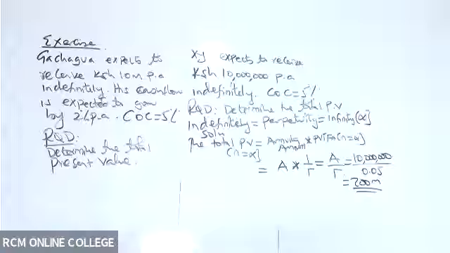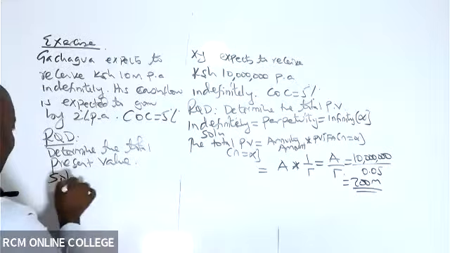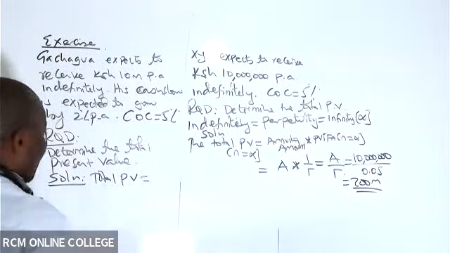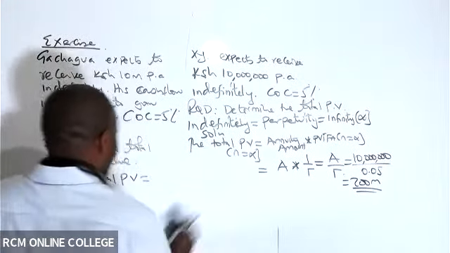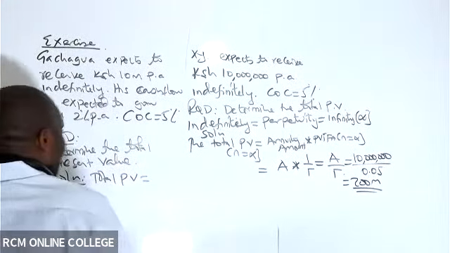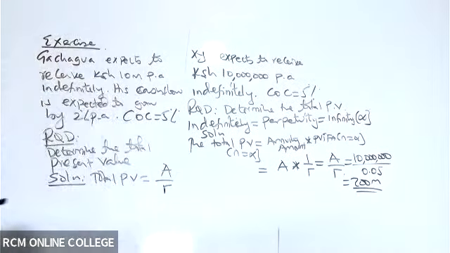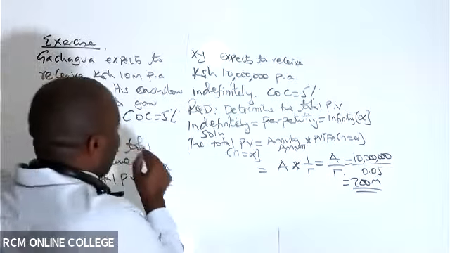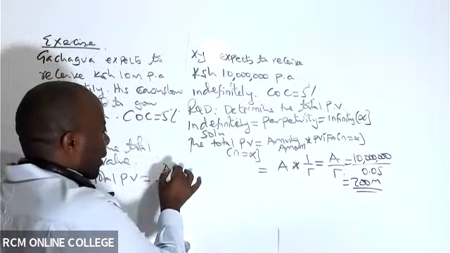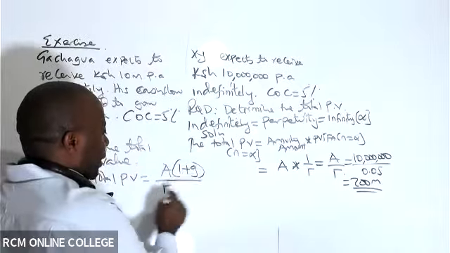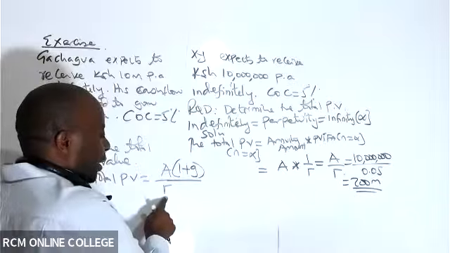Very easy solution. Very fast, I will remember that the total present value will be equal to amount over r. And this amount, of course, is not going to be constant. There is some growth rate. So whenever there is a growth rate, we shall talk of 1 plus g, and then we shall do an adjustment for this rate of return.